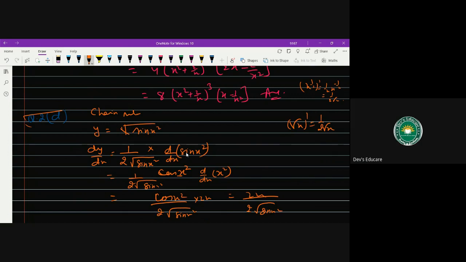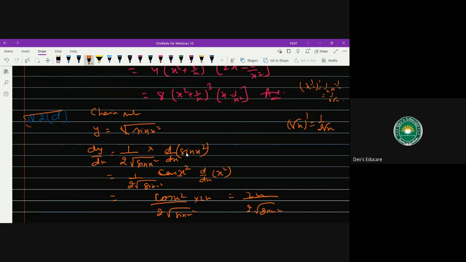See, first, what is the derivative of root over x? That is 1 over 2 root x. So we will take 1 over 2 root, and in place of x, we have sine x square.